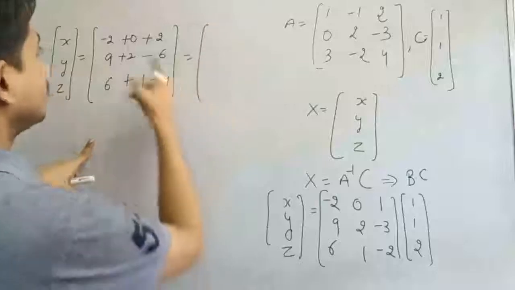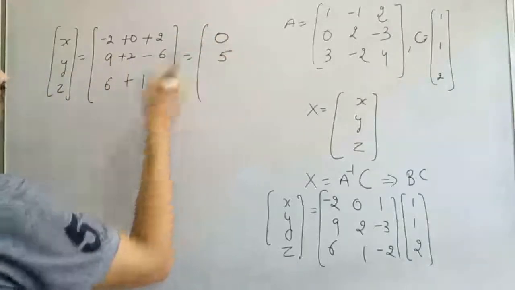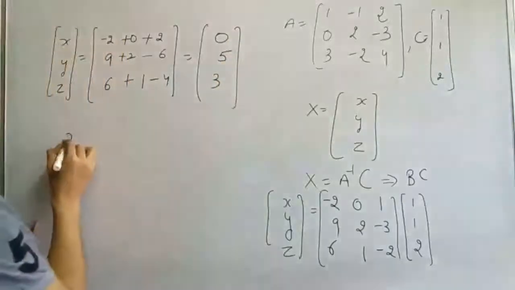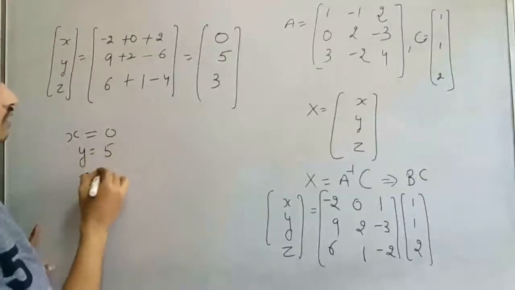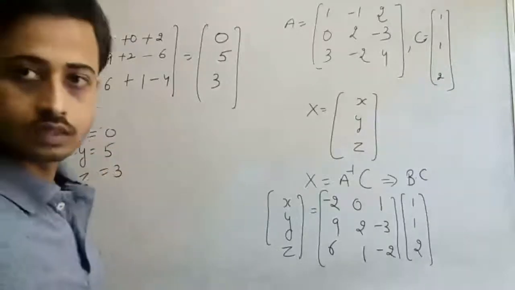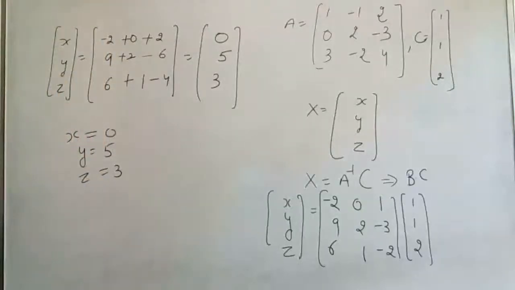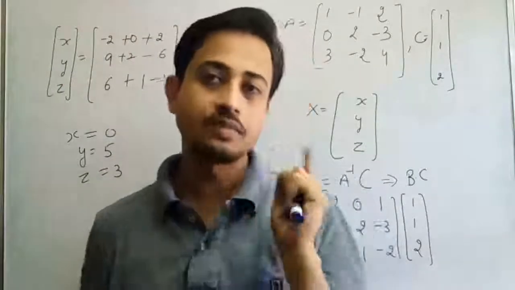Now solve this. This becomes 0. 9 plus 2 minus 6, 5. 6 plus 1, 7, minus 4, 3. It means we get X is equal to 0, Y is equal to 5 and Z is equal to 3. So I am going to check the answer. Answer is correct. So please make a note.